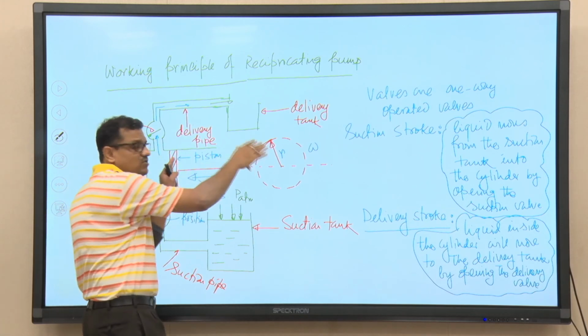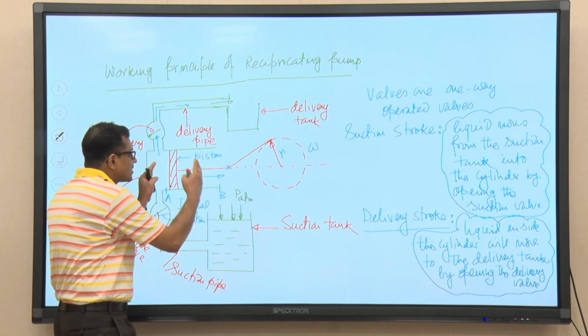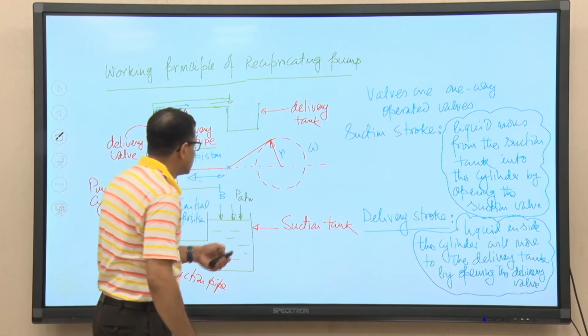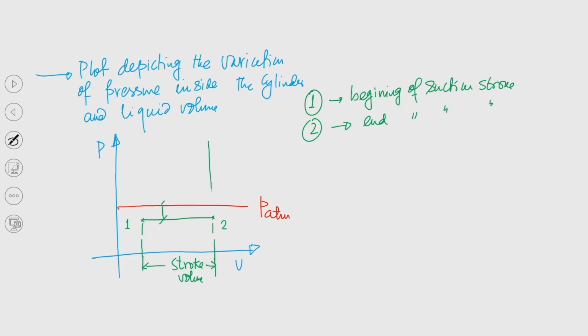So, this is creating a thrust, as a result of which there will be an abrupt change in pressure. So, this is point 3, the beginning of the delivery stroke.